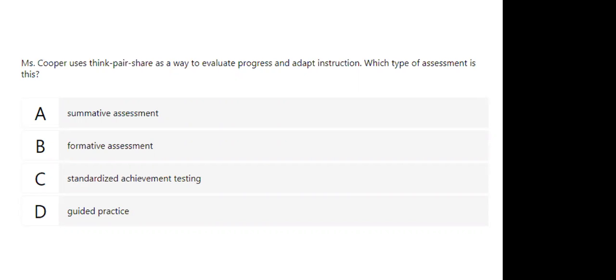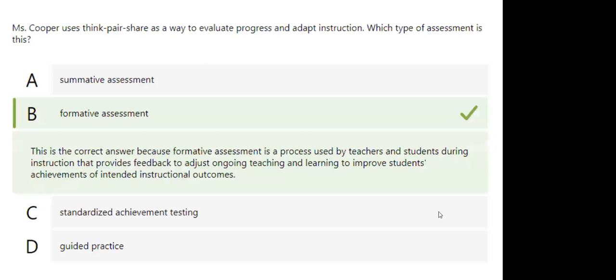What do you think? Think, pair, share. It's a way to evaluate progress. It doesn't take up a lot of time and can be done more than once in one class period. Hopefully you chose the correct answer. It is a formative assessment.